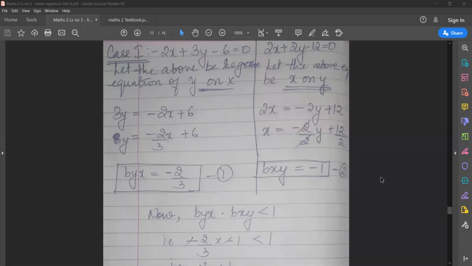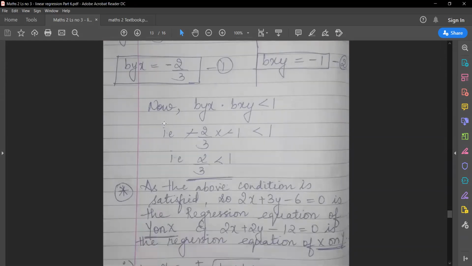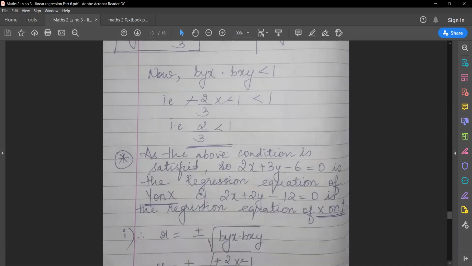Now you have to check the condition whether it is satisfying or not. byx into bxy should be less than 1. So what is your observation class? Minus into minus is plus. So the answer is 2 by 3, which is again less than 1. So the above condition is satisfied.